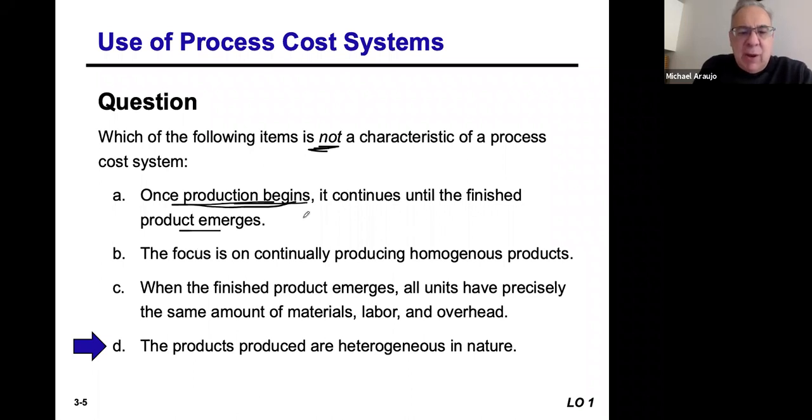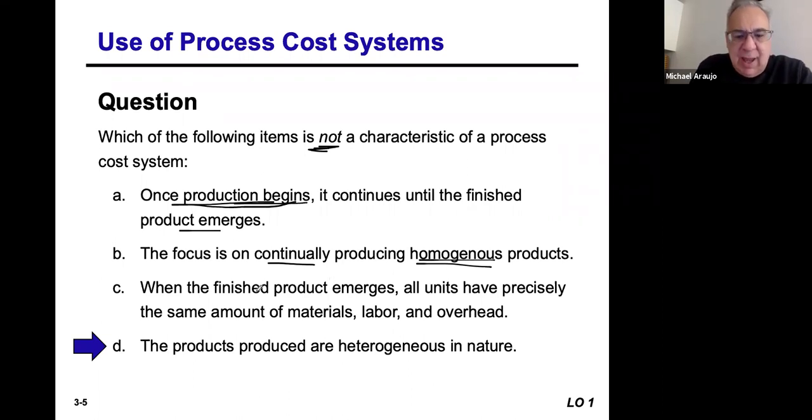Okay. Another characteristic is that it's a continual process of producing what we call homogeneous products, the same types of products. Homo is same. So Coke is Coke. Gasoline is gasoline. So it's producing the same type of product through the process.